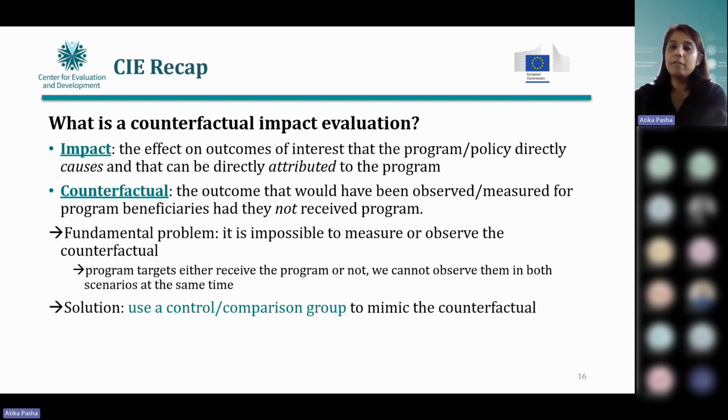So you cannot observe the same individual in both scenarios at the same time. And that's why the entire premise of a counterfactual impact evaluation is to define or mimic a counterfactual through the creation of a control or a comparison group.